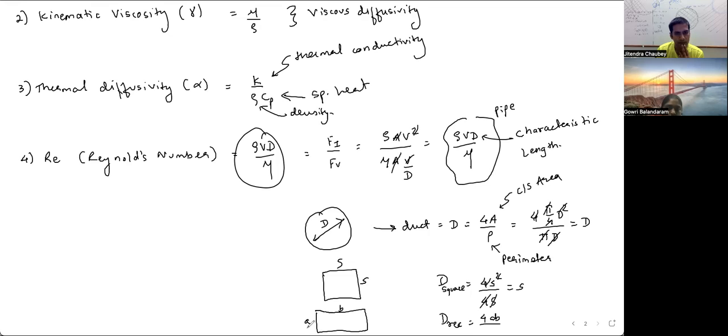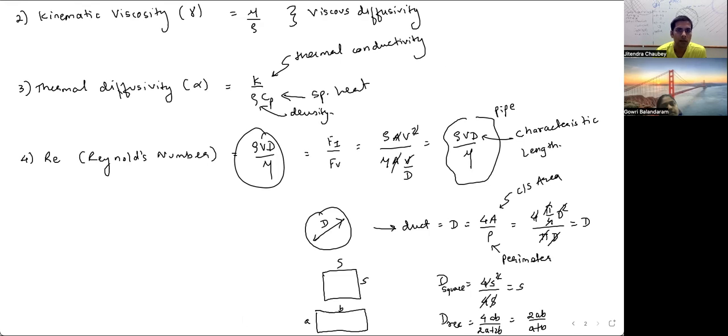Perimeter would be twice A plus twice B, 2A plus 2B. 2 gets cancelled out, and the formula would look like 2AB upon A plus B. That's how you can calculate hydraulic diameter or characteristic length for a rectangular duct in order to calculate Reynolds number. Okay.